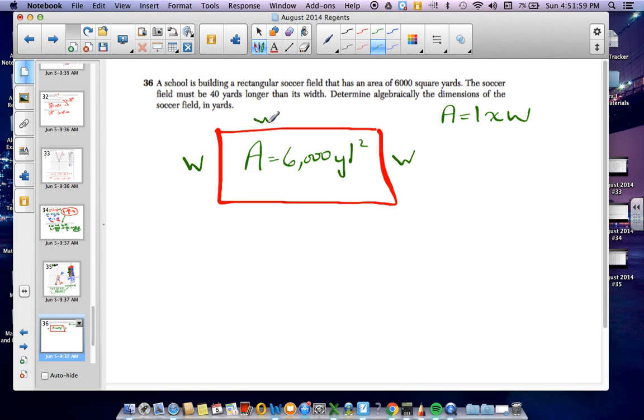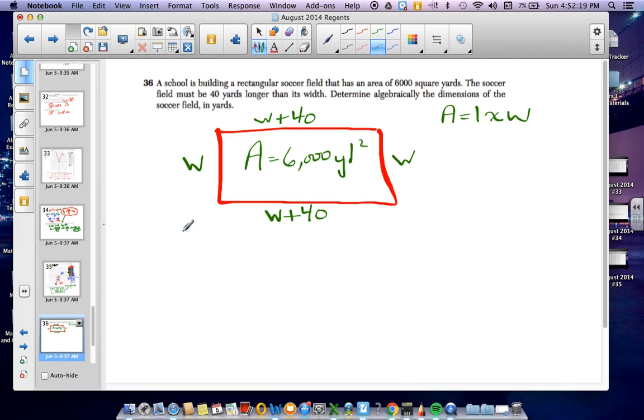You'd represent it as W plus 40. You wouldn't want to just stick an L on there and then have length and width, because then you're going to have a two-variable equation. You don't have enough information to develop a system here. Or you could, I guess, but it would make it a lot more difficult than just solving it this way.